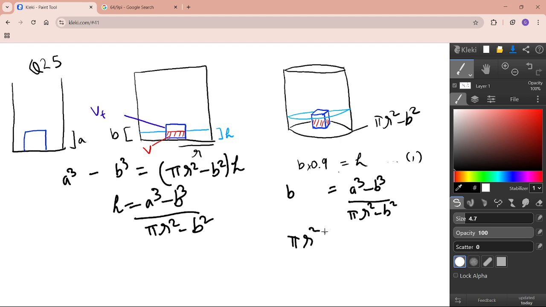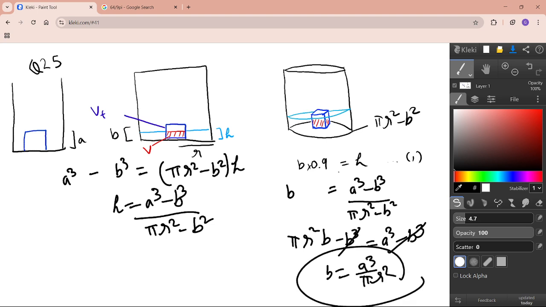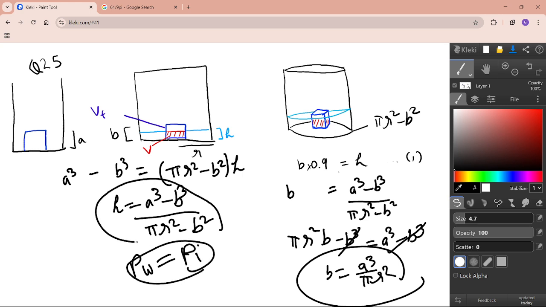So they say it's pi r square B minus B cube and A cube minus B cube, and one discards. And the answer is of course the same. B is equal to a cube upon pi r square. The reason this answer remains the same is because they've assumed the density of water is equal to the density of ice. So this volume conservation that they do is right, and then this whole thing is right.